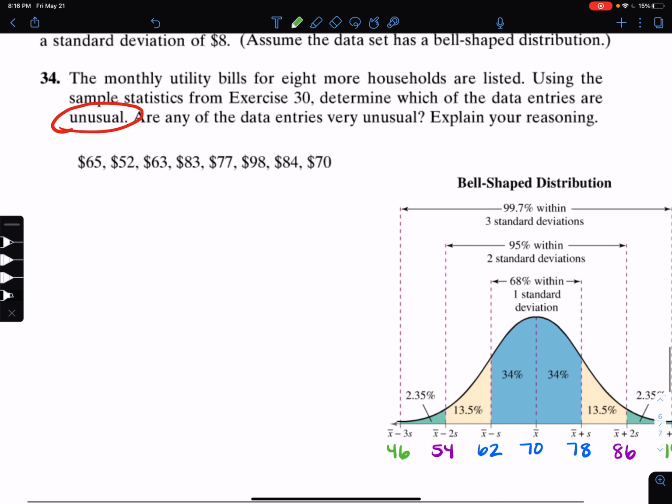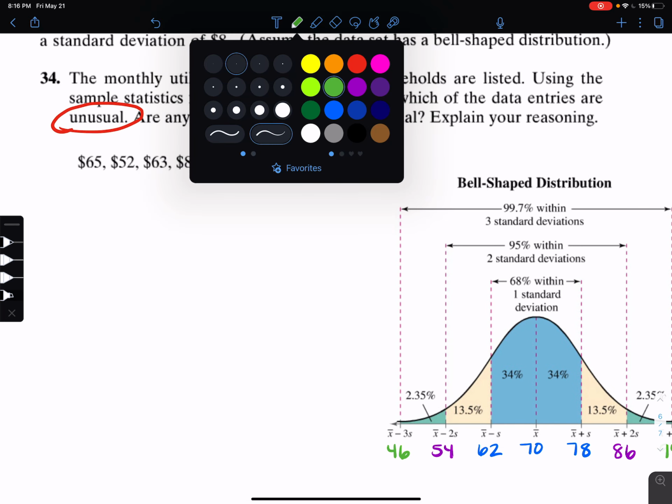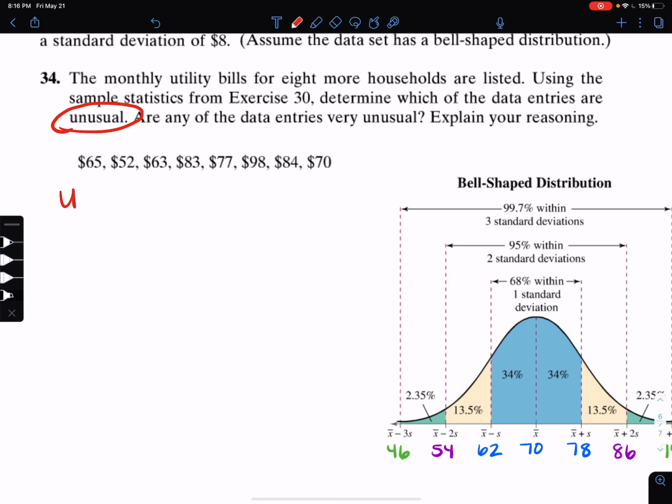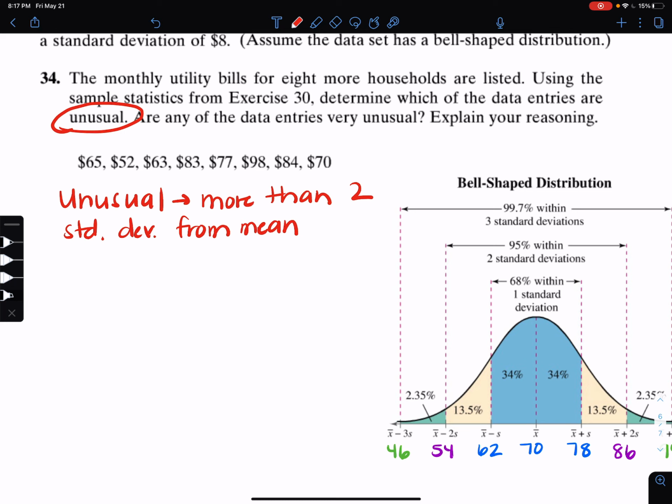Now, if you want to use this information to determine if you have data values that are unusual, then what you're going to do is look for any values that are more than 2 standard deviations away from your mean.